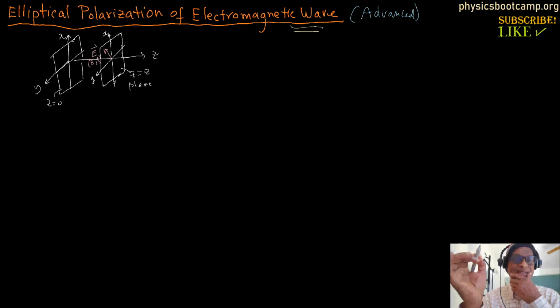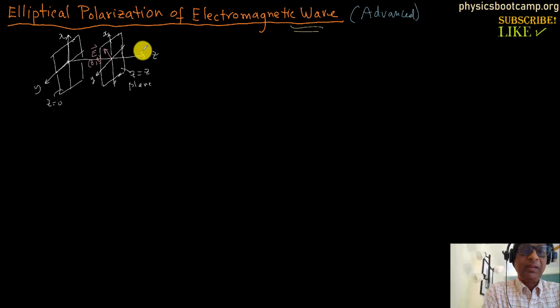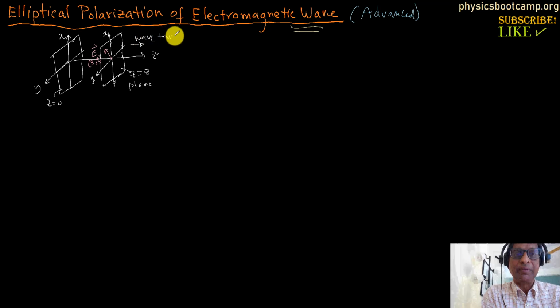Okay, so the example we're going to take is a wave traveling along the z direction. So this is the direction the wave is traveling. You can see that if the wave is traveling on the z-axis, the electric field in any of the planes can point in the xy plane.